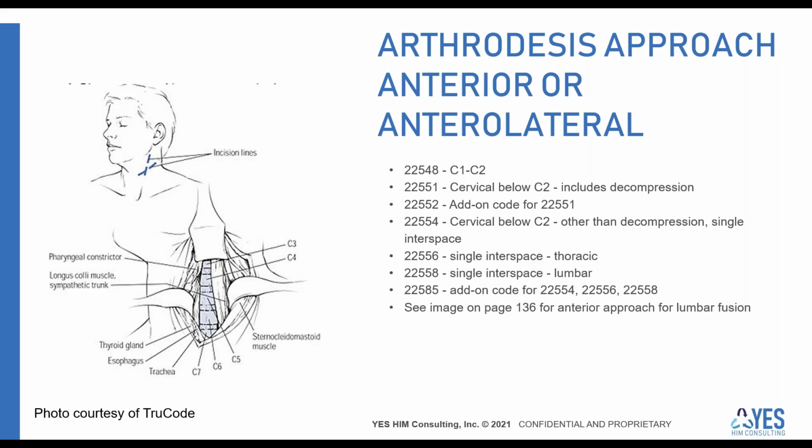Then you have a separate code, 22554, that is also for cervical below C2, and that is for a reason other than for decompression. So they are not doing the spinal fusion for a diagnosis of compression at all. So that would be 22554. And then remember, this is grouped by approach.